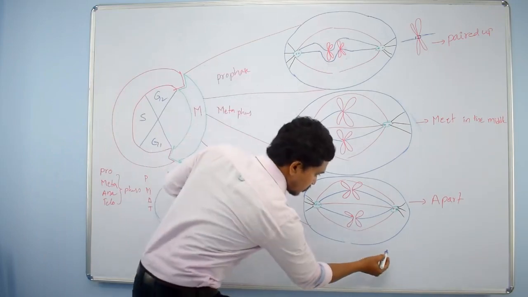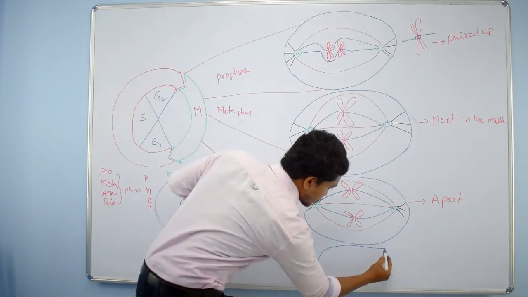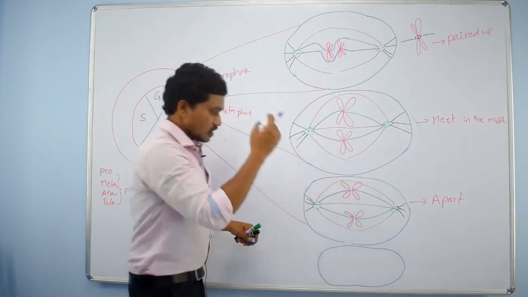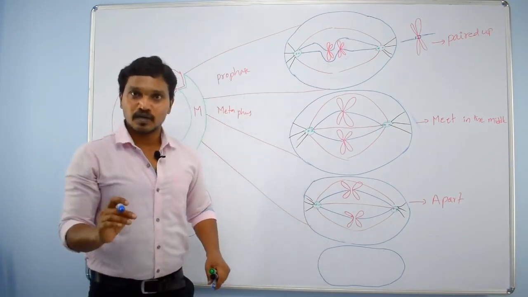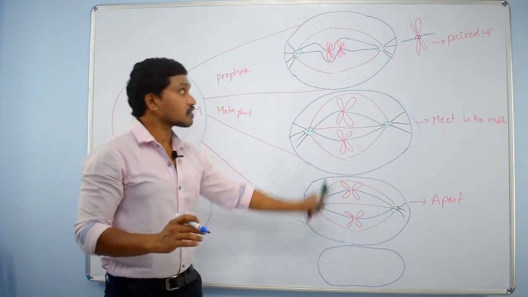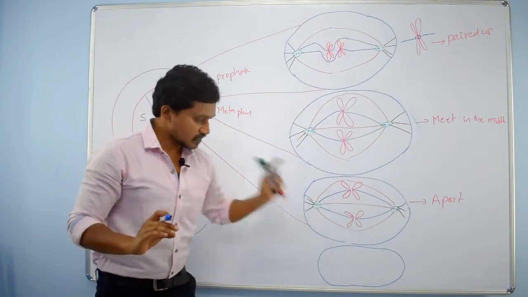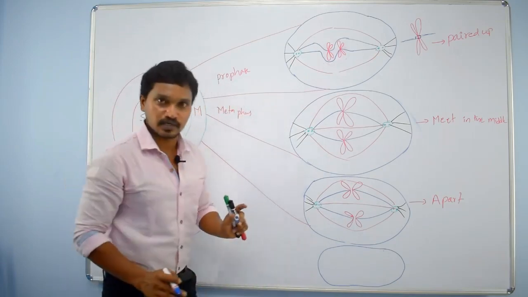Now, I don't have much space, but still I will draw a little smaller cell. I never mean that as we keep going down, the cell size will reduce. Of course, if you compare with the mother cell, the daughter cell size will be a little less only, but not like this. Clear? Just imagine the same size of cell I have drawn here.